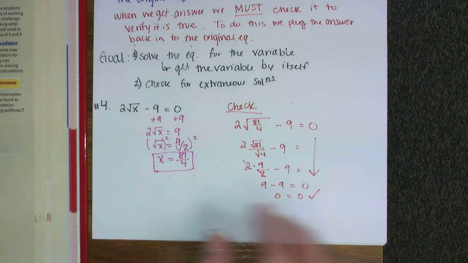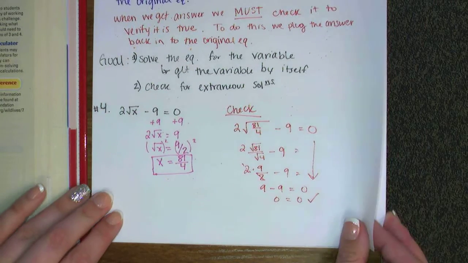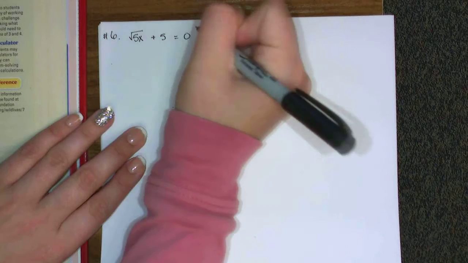All right, next one. Let's see. About number 6. So 6 is the square root of 5x plus 5 is equal to 0. So got to undo what's being done to it in reverse order.